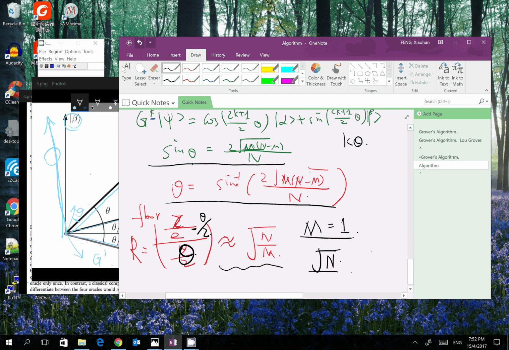It clearly has at least a time-saving advantage over the classical search algorithm, which needs n over 2 applications of the oracle on average, while our quantum search algorithm needs only square root of n. The advantage gap becomes larger as the database you search becomes larger. That's all for this video. Thank you.